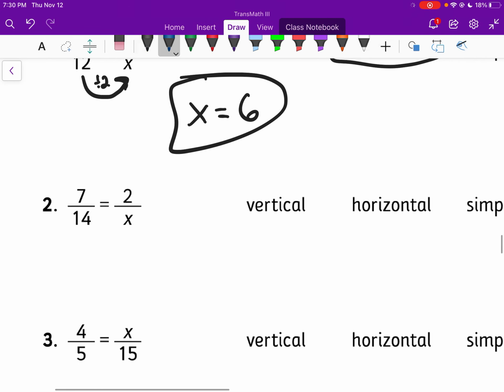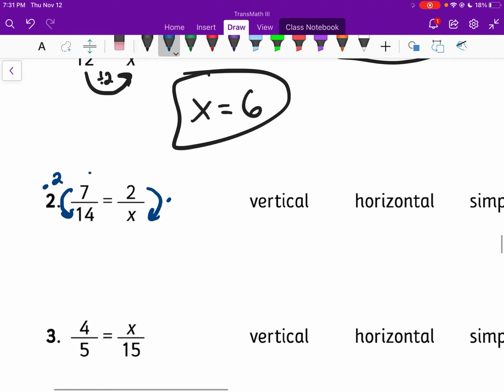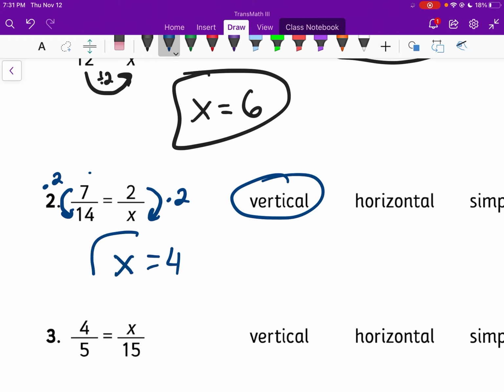All right, so number 2 here, there's not an easy way to go from 7 to 2, but there is a good way to get from 7 to 14, if we multiply both top and bottom by 2. So in this case, we went up and down, which is vertical, and then 2 times 2 is 4.